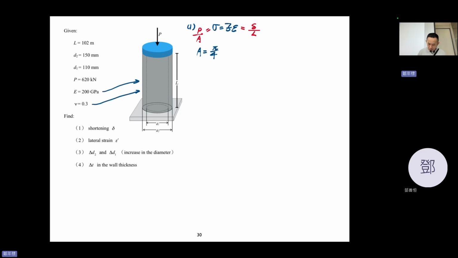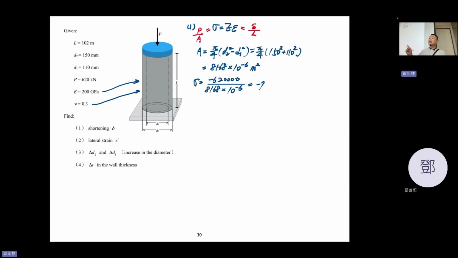A equals pi divided by 4 times (D2 squared minus D1 squared), which is pi over 4 times (152 squared minus 110 squared), equal to 1.816 times 10 to the minus 6 m squared. Sigma equals minus 620 kN, because it's kilonewtons, divided by 1.816 times 10 to the minus 6, equal to minus 75.9 MPa.